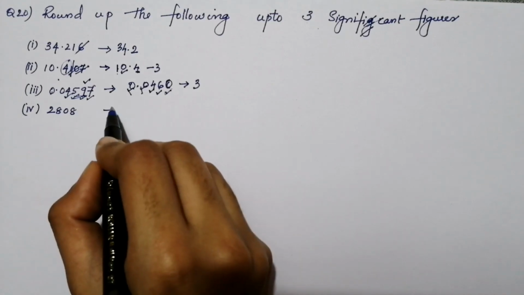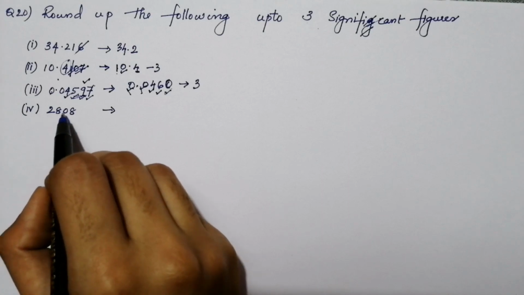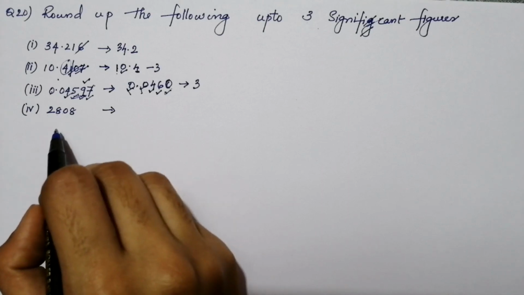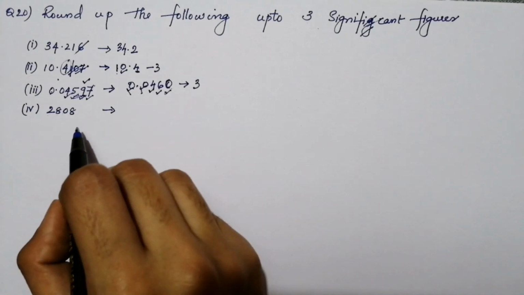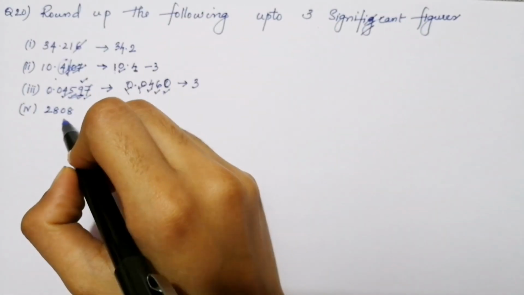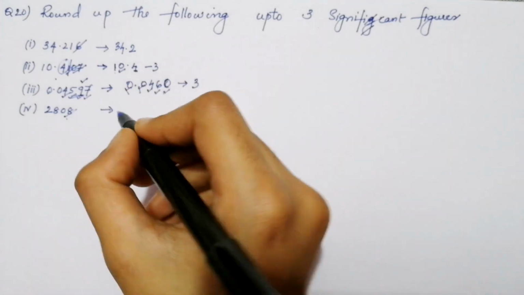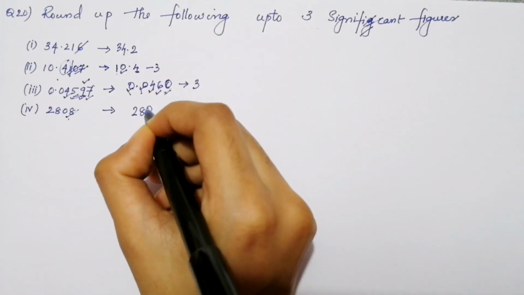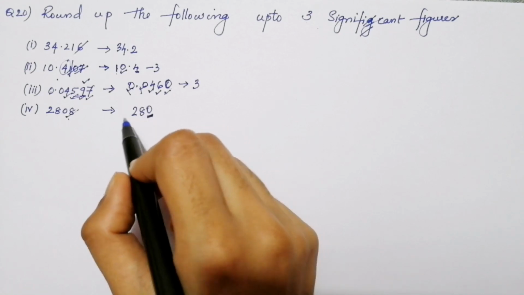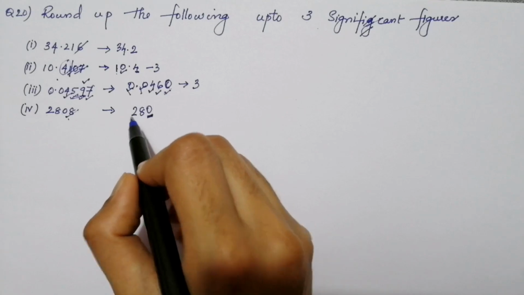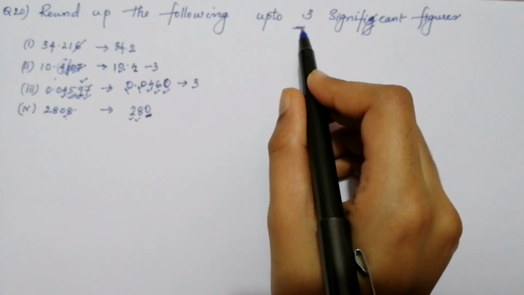Now in the last question, we know all these 4 numbers 2, 8, 0 and 8 are significant. Now we have to round it off to 3 significant figures. Let us eliminate the last significant figure, that is 8. So we get 280. In this we know that this 0 is insignificant because it is at the end. So we have only 2 significant figures. We have to round it off to 3 significant figures.